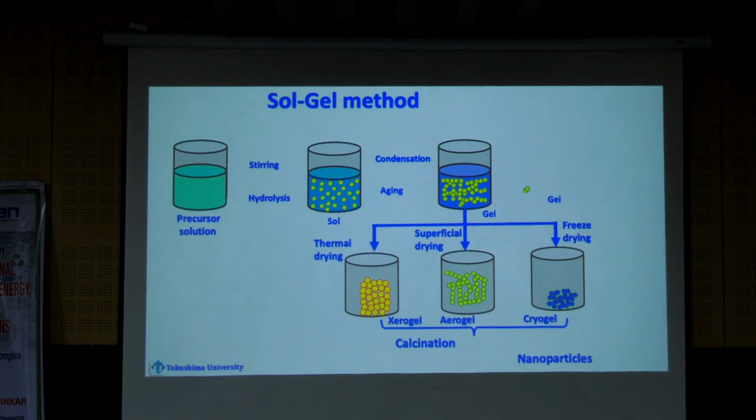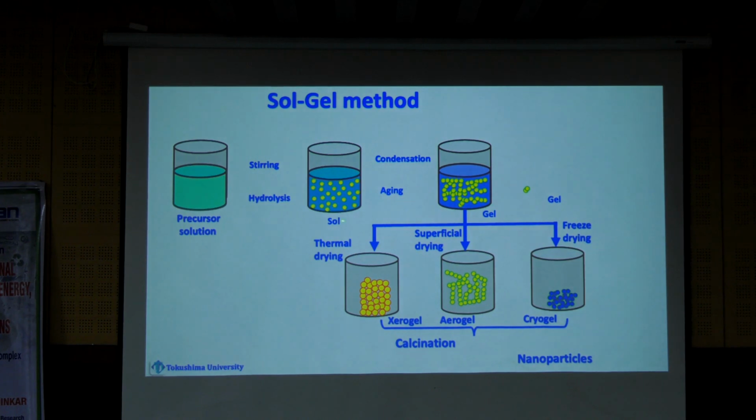And sol-gel is the last method that I want to tell you about for a few minutes. Sol-gel means sol and gel. Sol means solution. Gel, you know the gel. So here sol and gel are created separately.